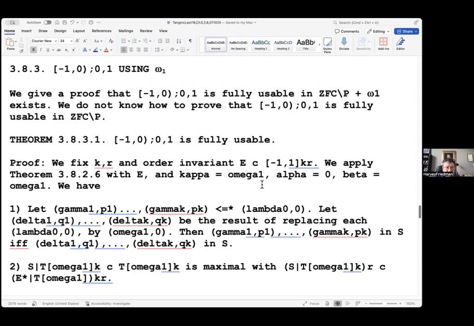Okay, so what do we get from the previous transfinite statement? Let these be less than or equal star lambda 0, 0. Let delta be another one, which is the result of replacing each lambda 0, 0 by omega 1, 0. All right, that's what this says. Then if you do that, you wind up with the same truth value in S. Right. Okay.